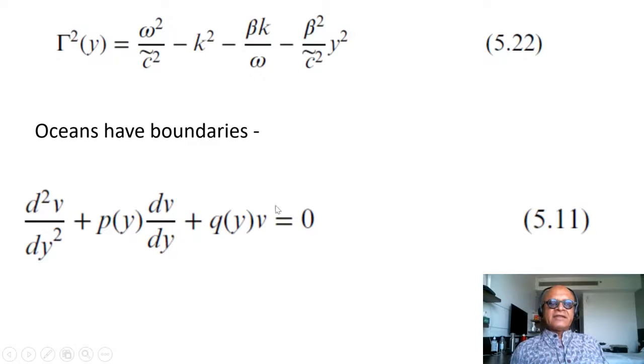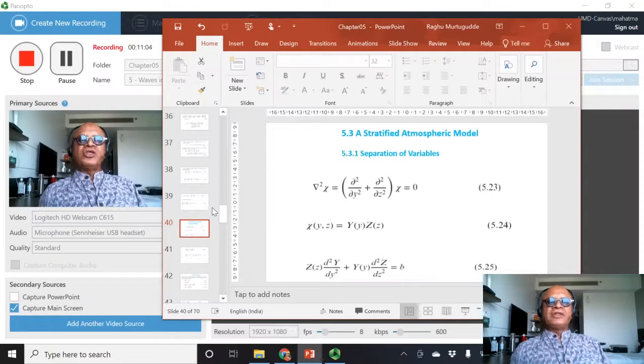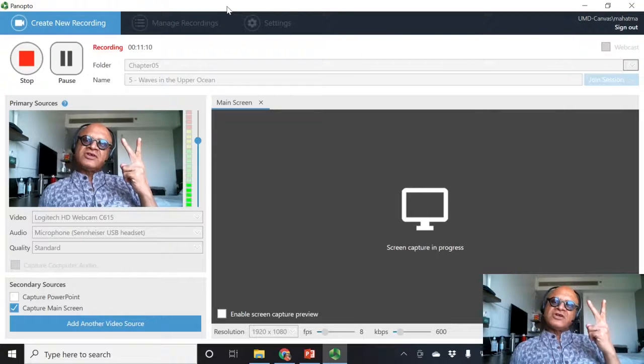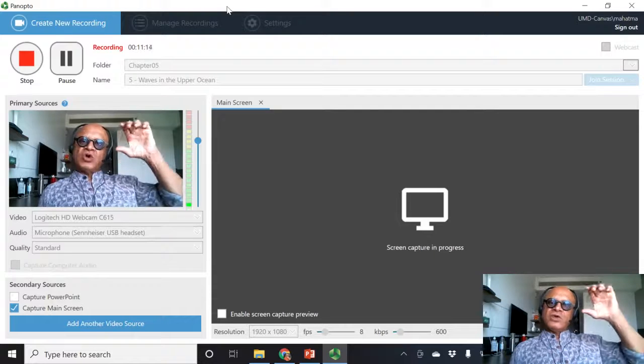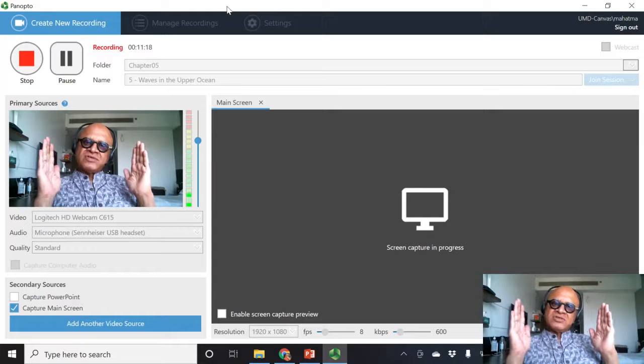So that is the general equation you want to remember, but then we want to convert that into specific cases like the upper ocean. The two important things there are this assumption of reduced gravity with the ocean as a two-layer system, and ocean boundaries.